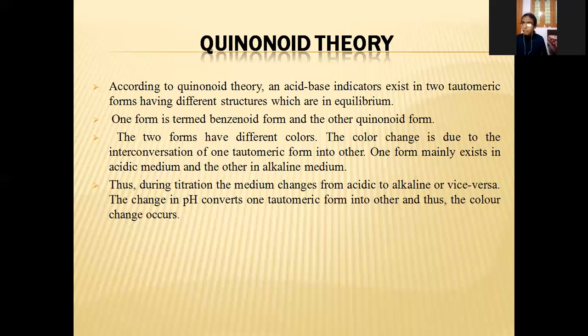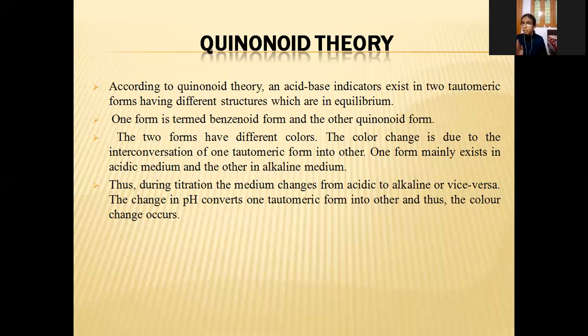During the titration, the medium changes from acidic to alkaline, or maybe alkaline to acidic. The change in pH converts one tautomeric form into another form, and the color also changes.